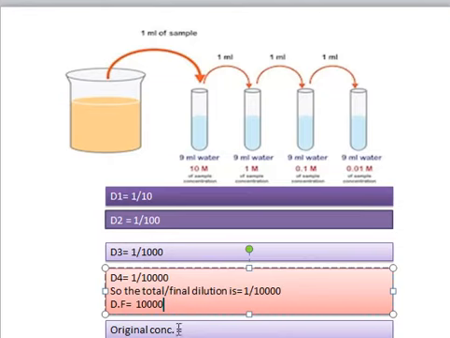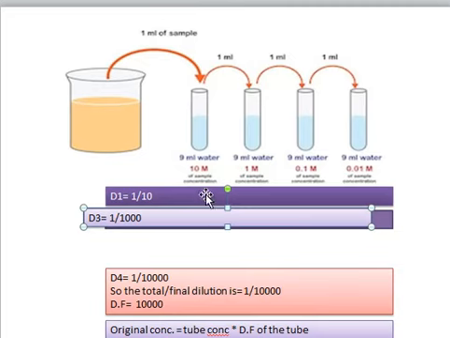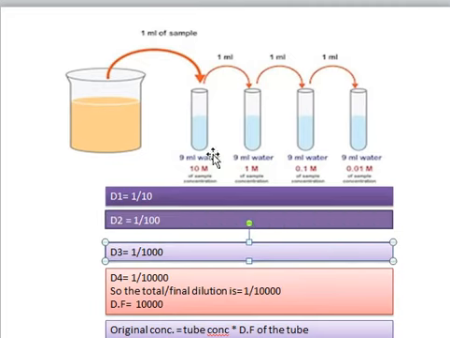The original concentration can be calculated by the following formula: a tube's concentration multiplied by the dilution factor of that tube. Here the concentration of each tube has been given.